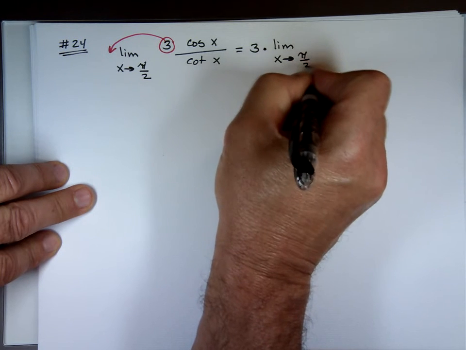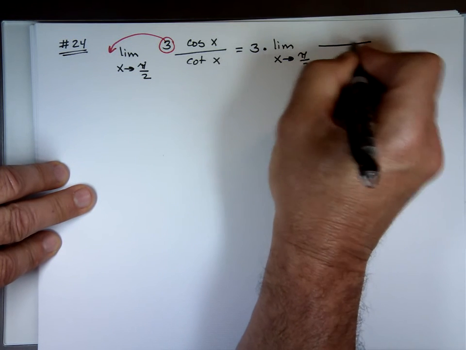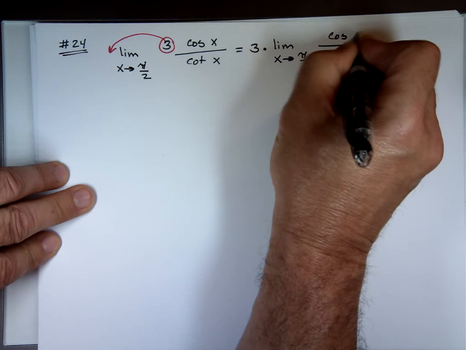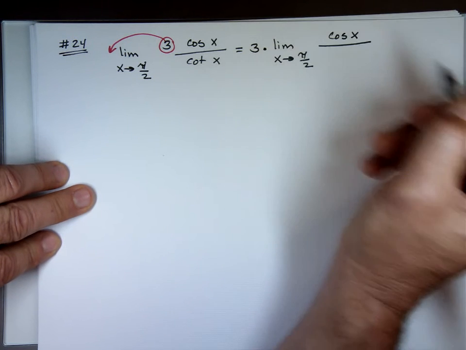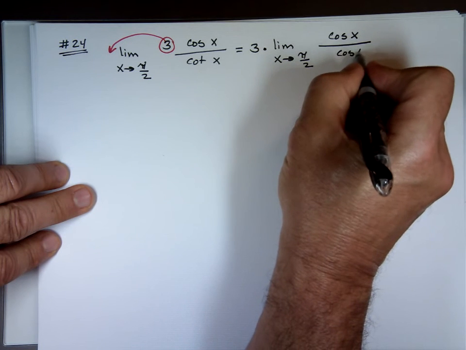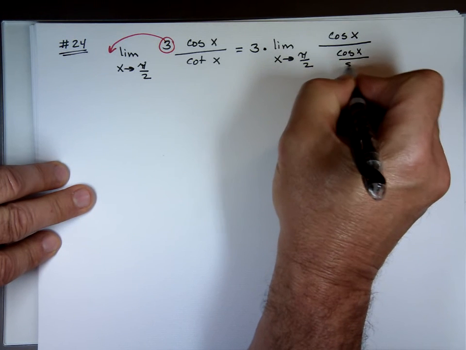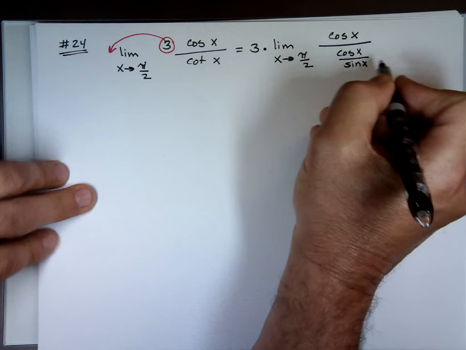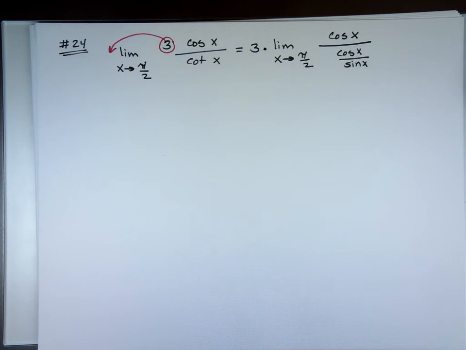And now let's see if I can simplify that. That's cosine of x. What's the cotangent? Isn't that cosine of x over what? Sine of x? Isn't that what a cotangent is? Do I have that on the board somewhere? Number 6. Cotangent theta is cosine theta over sine theta. Let's see if I can simplify this algebra here.